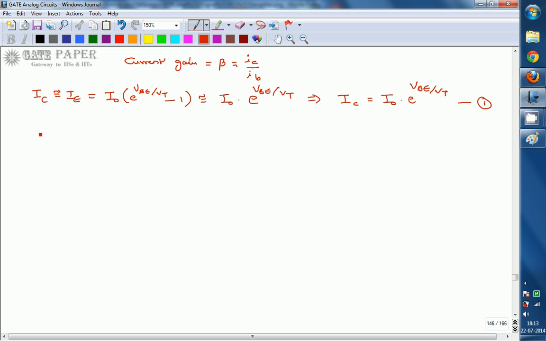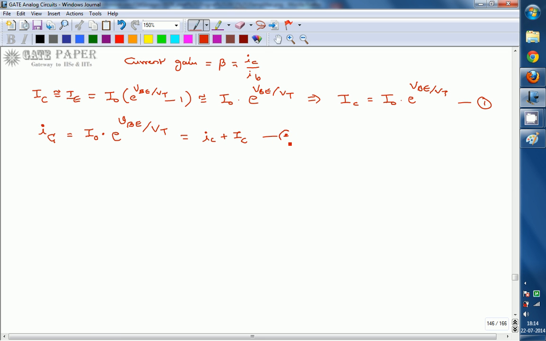For the total instantaneous collector current, small i with capital C, is equal to I naught, which is a constant, the reverse saturation current, multiplied by e power the total instantaneous VBE, small v with capital BE, divided by VT, which you can write as small ic plus capital IC.